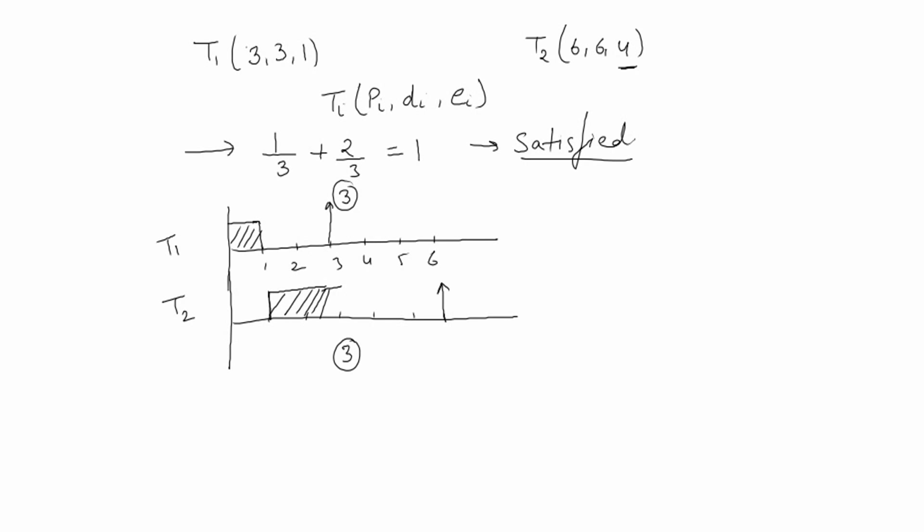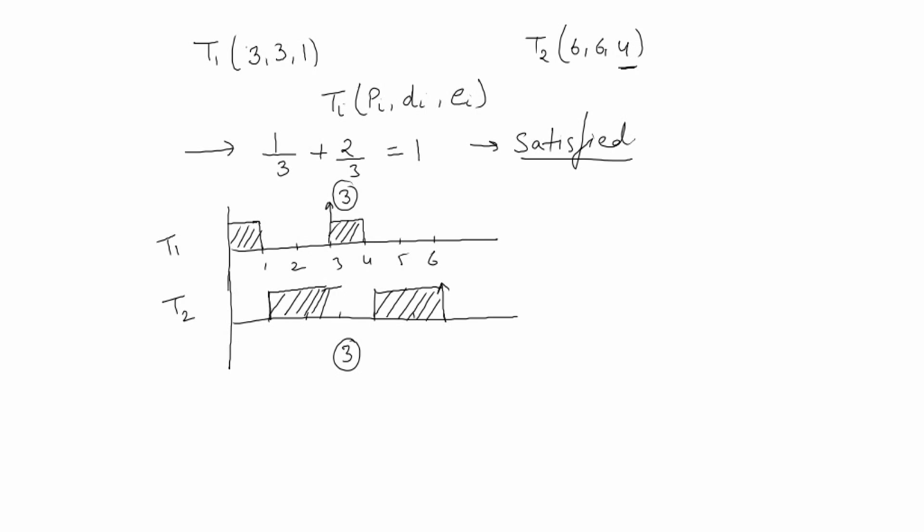Let me run T1 here. What will happen? It needs 3 more time units. But how much am I getting here? So again I will execute this one. Are we able to execute all or not?